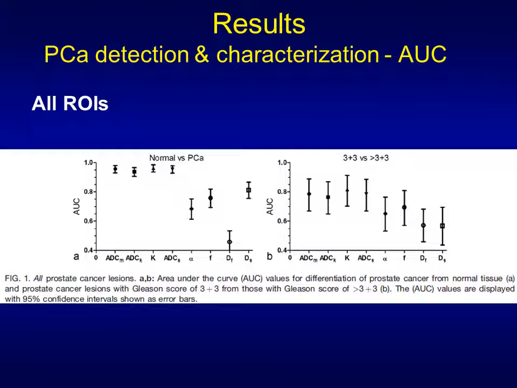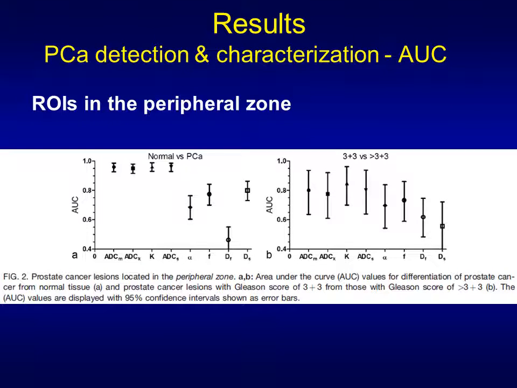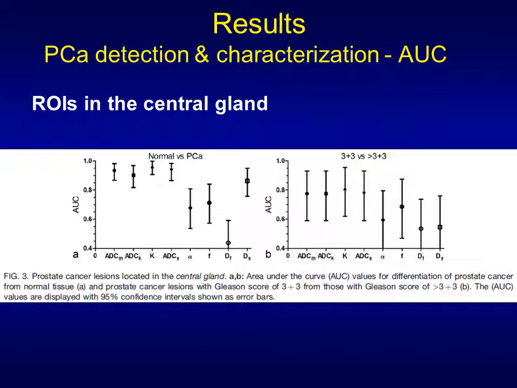However, the alpha parameter of the stretched exponential and the parameters of the bi-exponential model perform lower, either in terms of prostate cancer differentiation from normal tissue or in terms of prostate cancer characterization, meaning differentiation of low Gleason score tumors from those with higher Gleason score. And this was present also in the peripheral zone tumors, but also in the central gland tumors. So there were no differences in terms of zonal performance for these parameters.